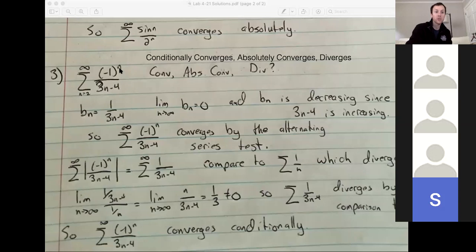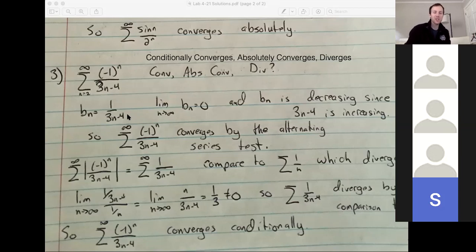The original version is alternating, -1 to the n, and for alternating series it's good to use the alternating series test, which means look at the non-alternating part of the sequence. So in here, we have -1 to the n. The other part is 1 over 3n minus 4.